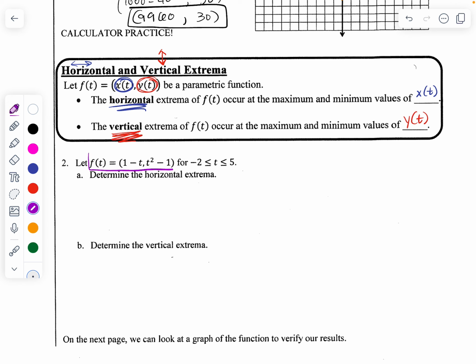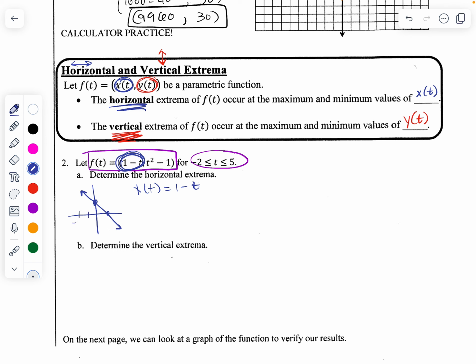If you can visualize what this is going to look like, it's going to start at that 1, and then it's going to go down 1 over 1, from when t is negative 2 until t is 5, something like this, okay? Because it's a negative slope, the highest it's going to be is on this point here when t is its least value. So on this interval, this is going to be the maximum, and this is going to be the minimum.